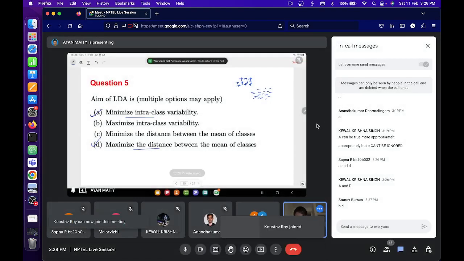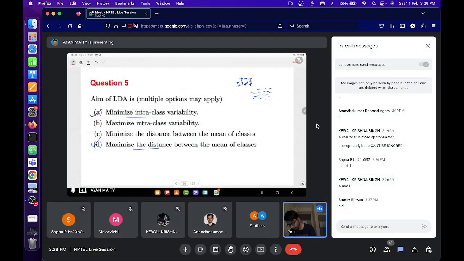We try to maximize the distance between the means. This is the mean for this class and this is the mean for this class. So we want to maximize the distance between these two means.